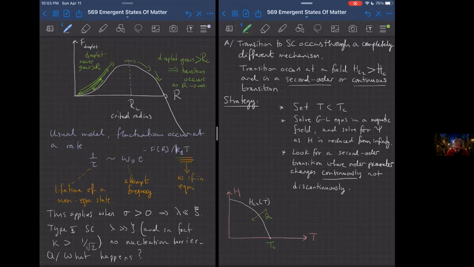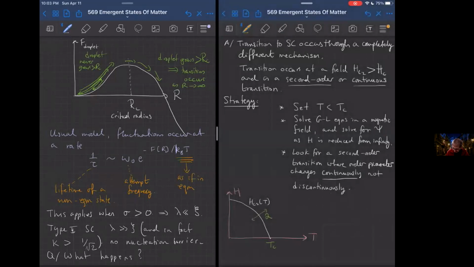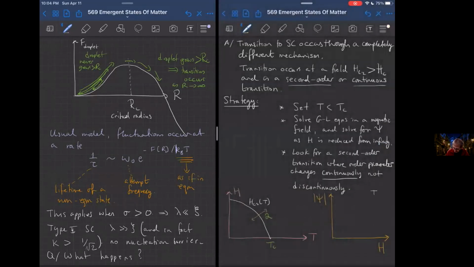So what we expect to correspondingly happen to the order parameter is, now I'm varying the external magnetic field, I'm changing the magnitude, and I'm keeping the temperature fixed. So this is exactly like what we had before.